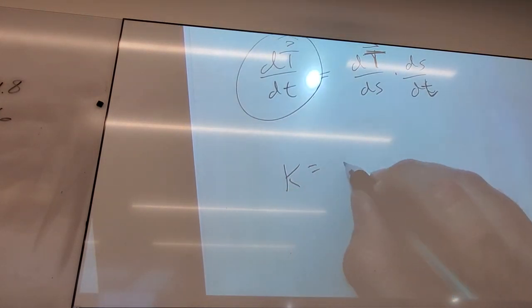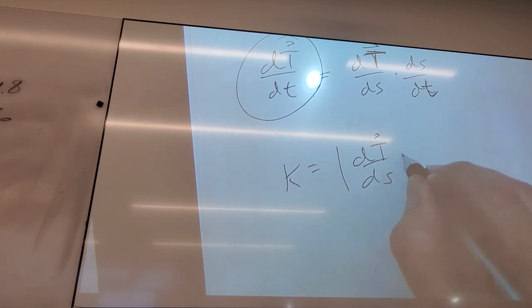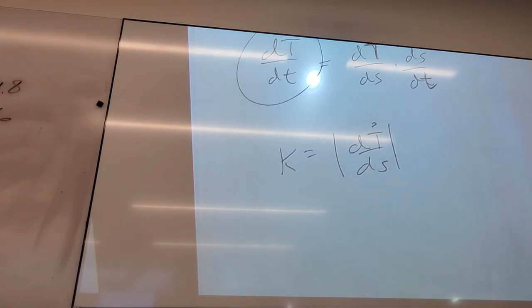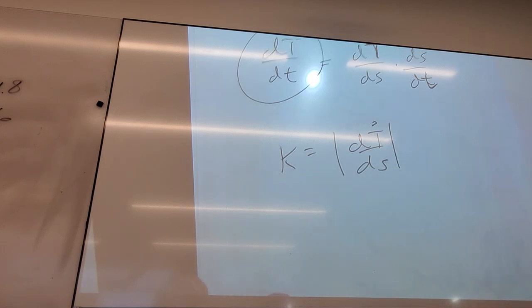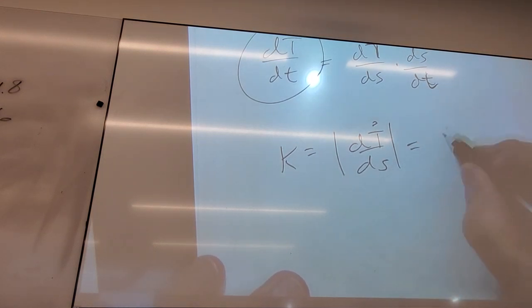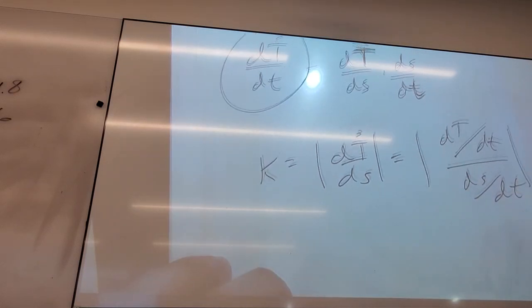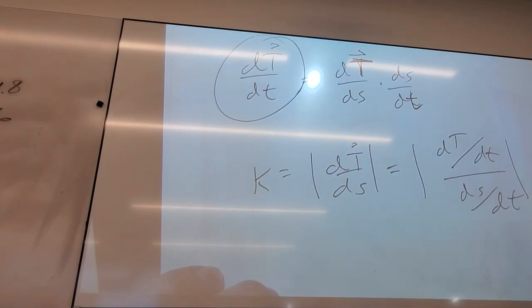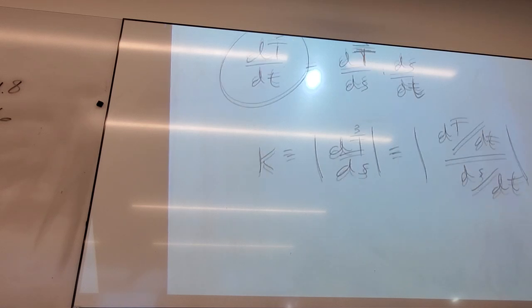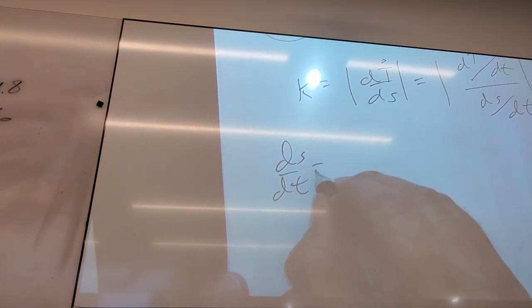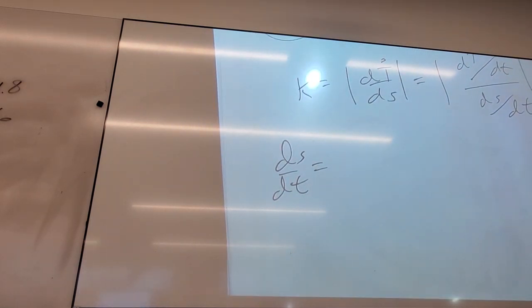So remember kappa was this, which I can now write as this. And who remembers what ds/dt was from a little while ago?